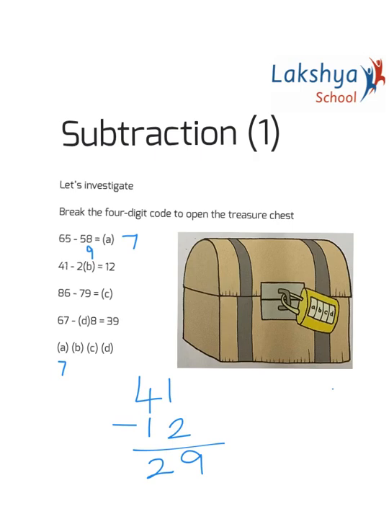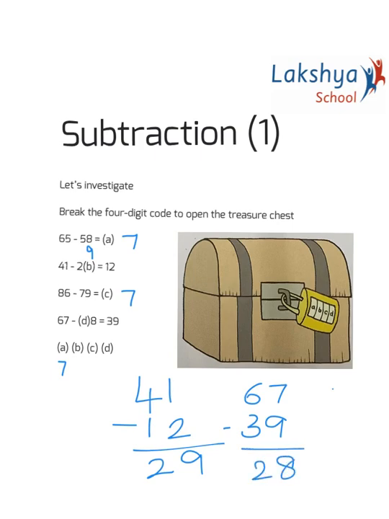Similarly, 86 minus 79. I can do the forward counting from 79 to 86. So we get that C is 7. Now, next one. I can subtract 39 from 67. So I get 28.